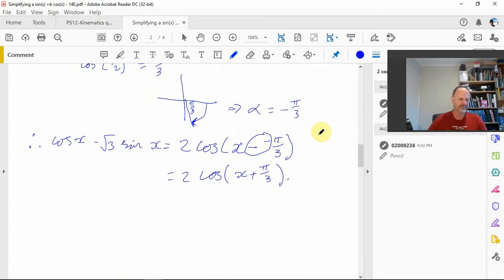All right, so here we've got 2 cos(x + pi on 3). Remember that the biggest that cos of anything can be is equal to 1, and the smallest that cos of anything can be is minus 1. So for the range, we're looking at the highest to the lowest, and of course that has to do with our amplitude as well.